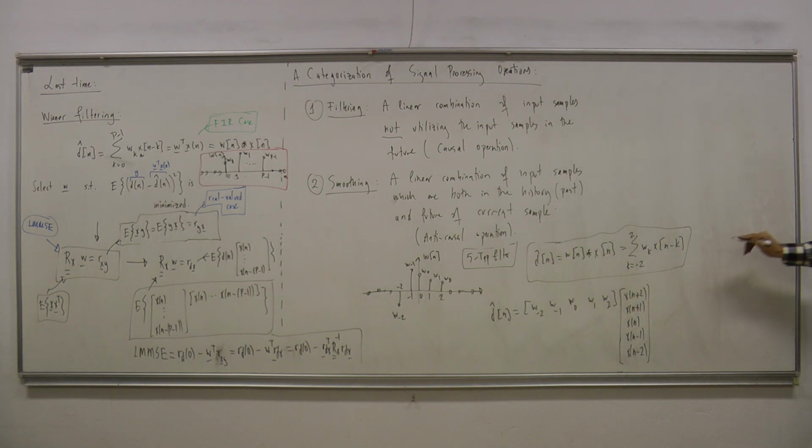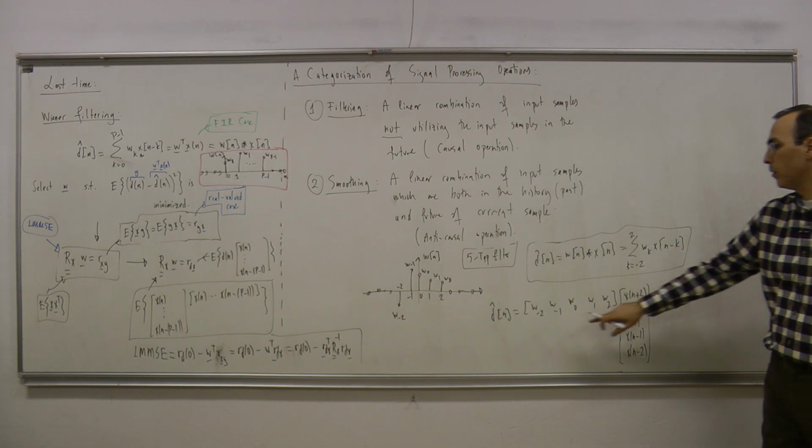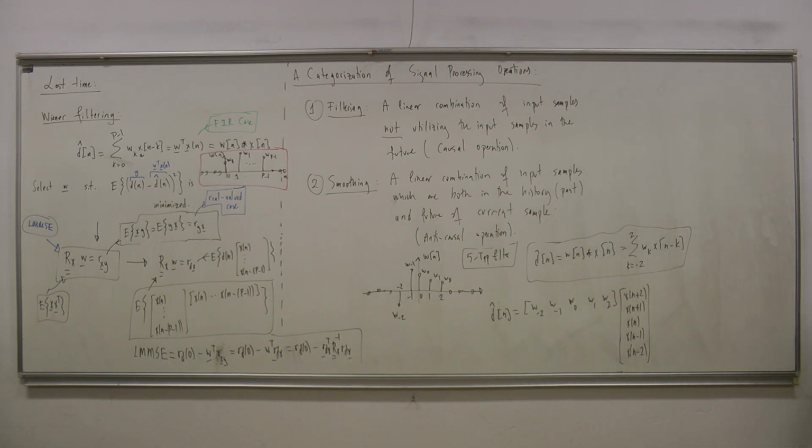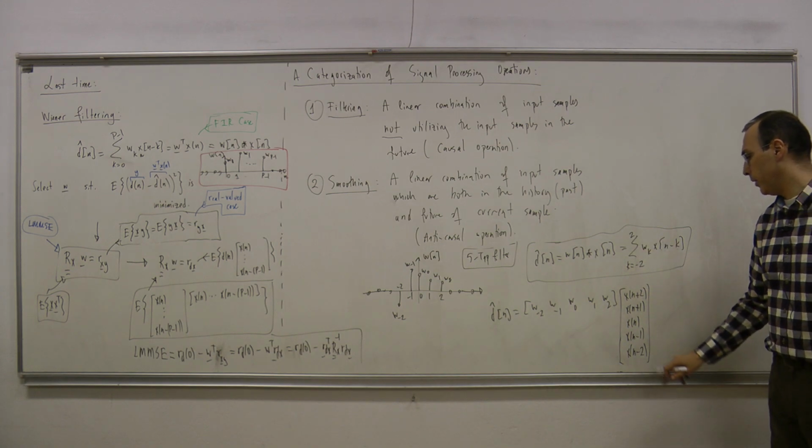This is the filtering. So let's check. W minus 2 is multiplied by x of n plus 2, and so on. The last one, W2, is multiplied by x of n minus 2.